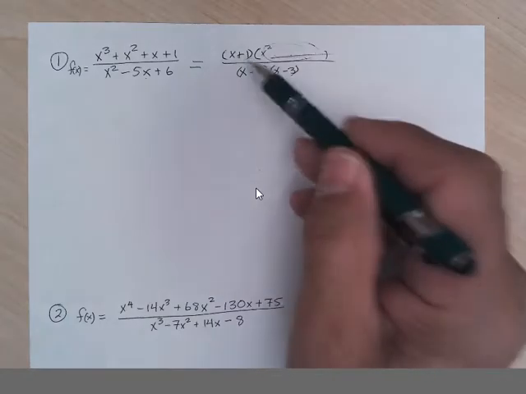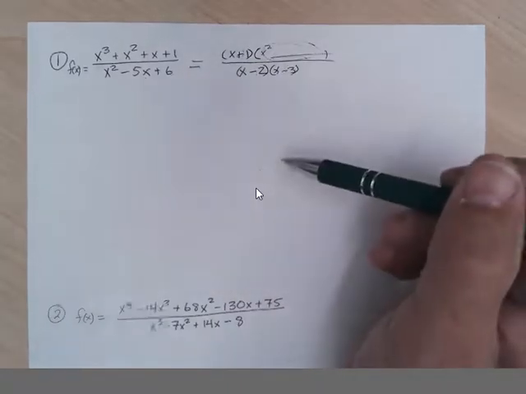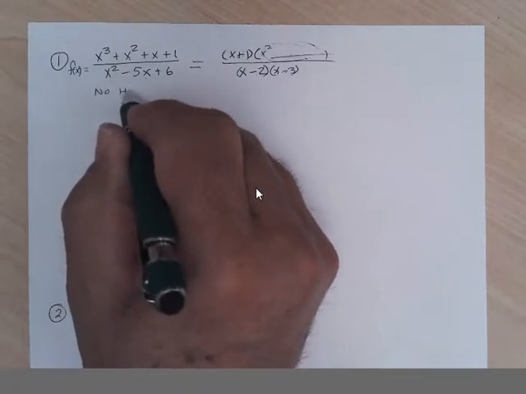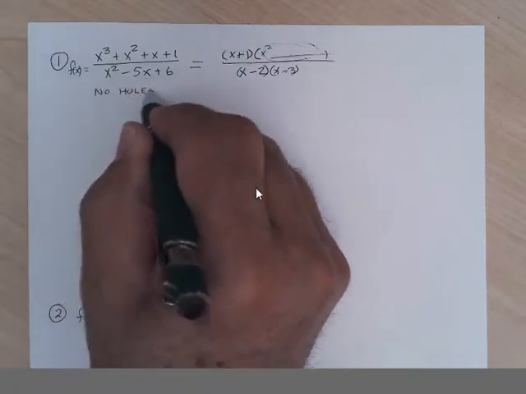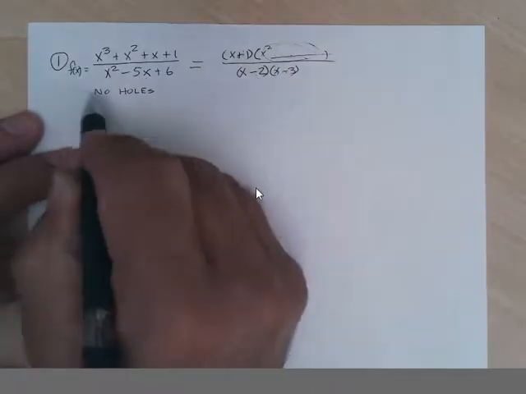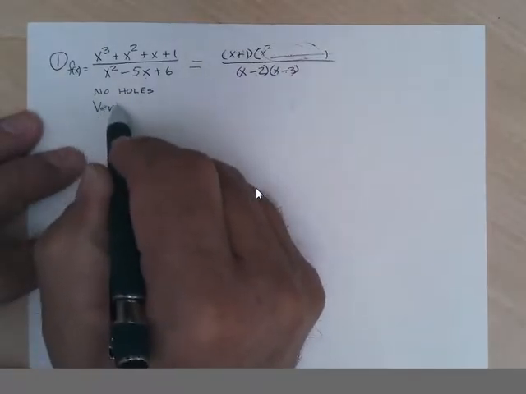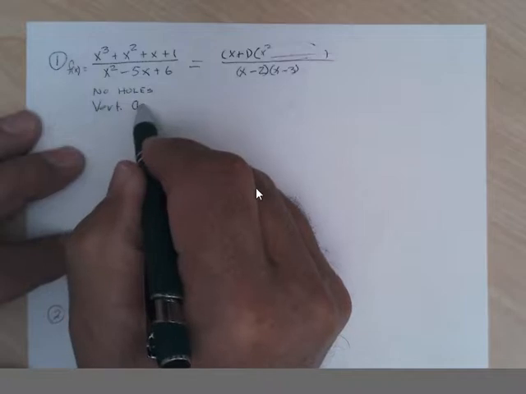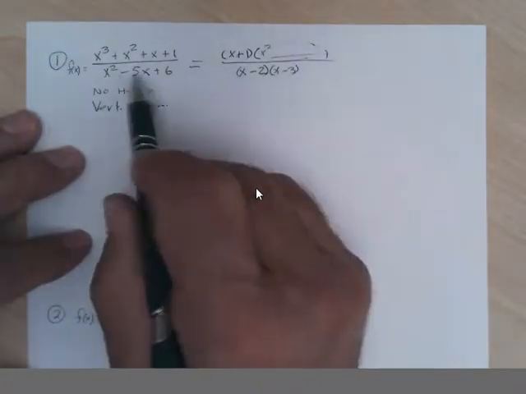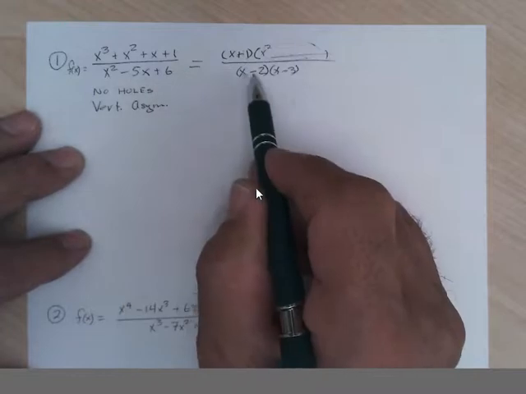So there's no factors that match, so there's no holes. And so there's a vertical asymptote whenever the denominator is 0.